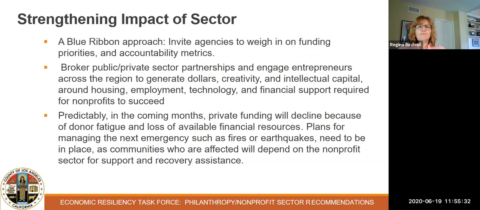So we couldn't come up with a cool idea in terms of a name, but kind of a blue ribbon approach that invites agencies to weigh in on funding priorities and accountability metrics, that we think about public-private partnerships, and also look at the intellectual capital that's all over our region.